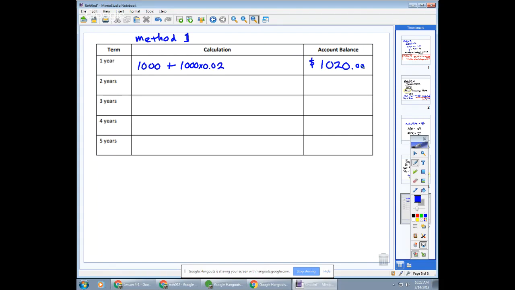So your first line could look like that. But it may look different depending on how you choose to do the calculation.